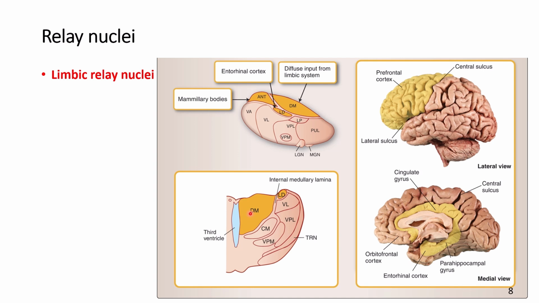And then there are other parts of the limbic system shown in this image. This is the prefrontal cortex and the orbitofrontal cortex, the cingulate gyrus, the parahippocampal gyrus, the entorhinal cortex. These are all part of the limbic system. So these are the areas connected directly or indirectly with the thalamus.